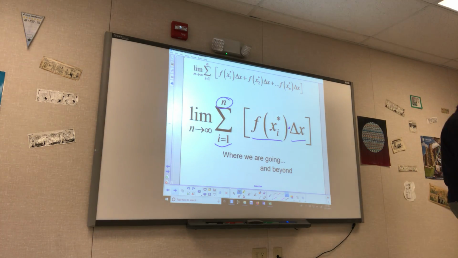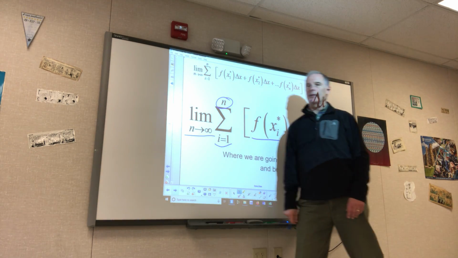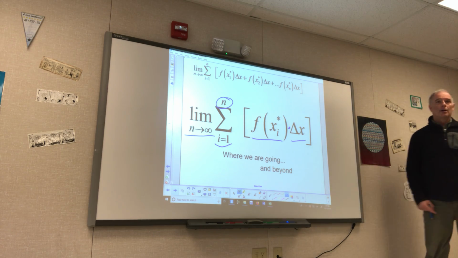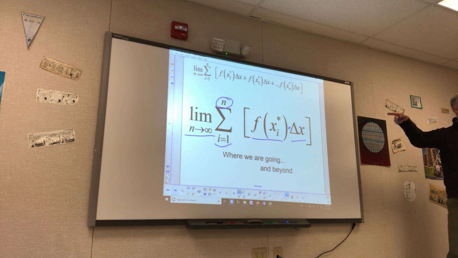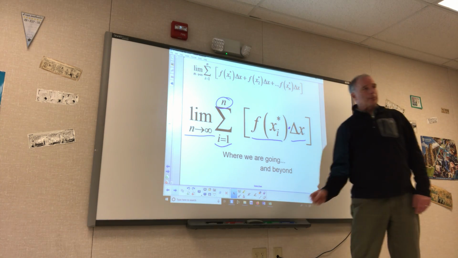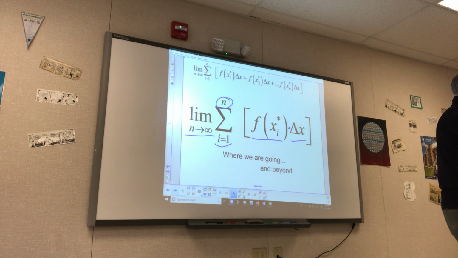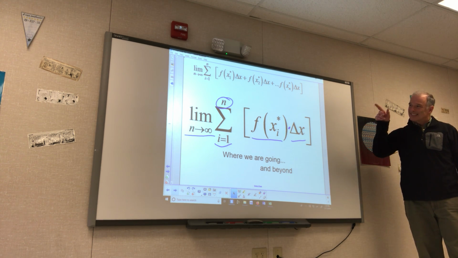But wait, you say, how many rectangles do I want? Infinite. An infinite number of them. Yes, you can. That notation right there is the notation we're going to use that represents the exact area under the curve, not an approximation. That's the exact area.